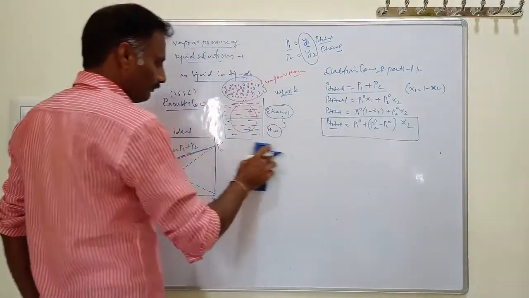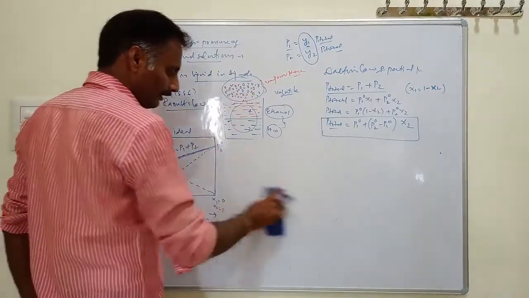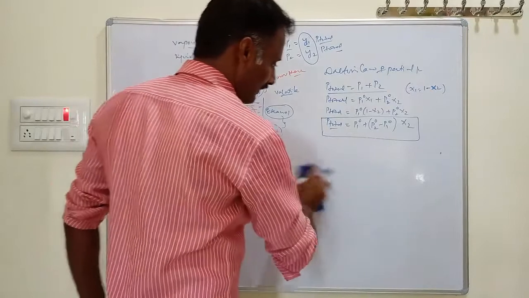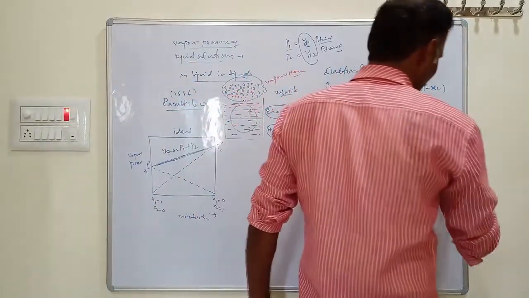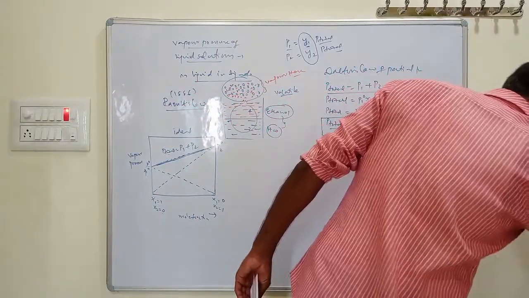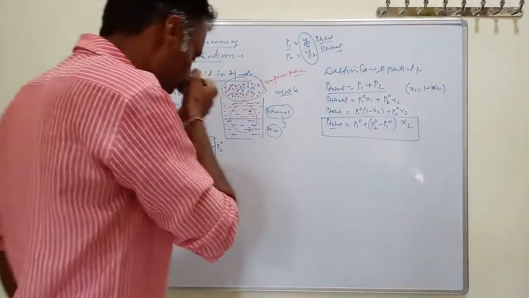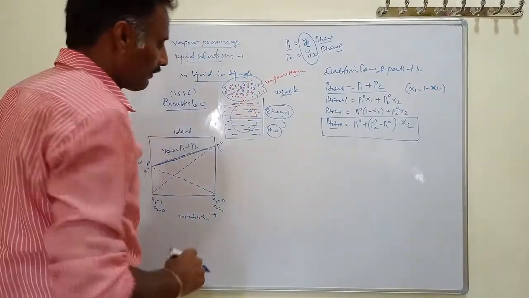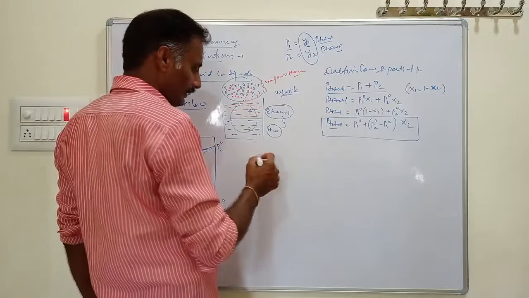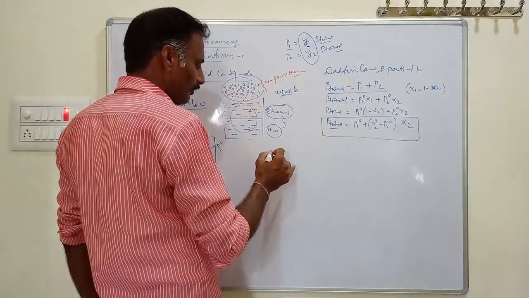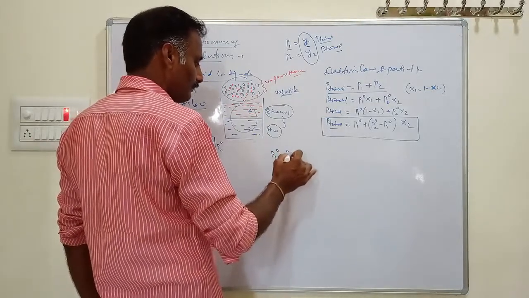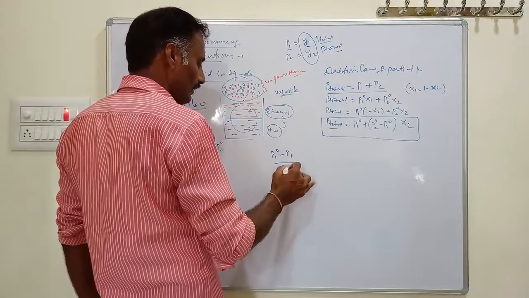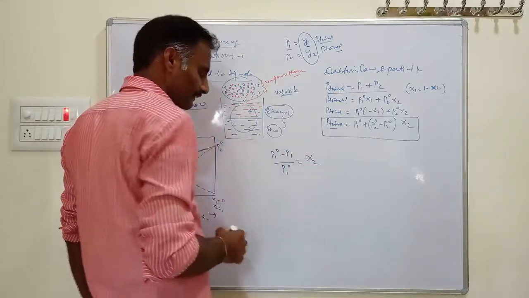Based on these conclusions, Raoult proposed a general law for volatile solutions. According to Raoult's law, the relative lowering of vapor pressure, P1 naught minus P1 by P1 naught, is equal to the mole fraction of the solute present in the solution.